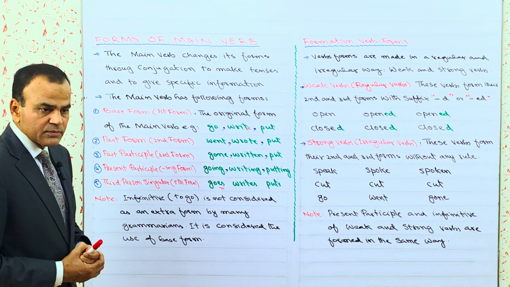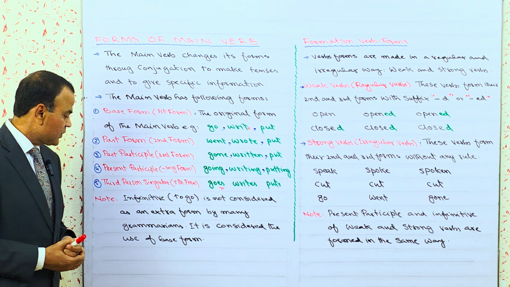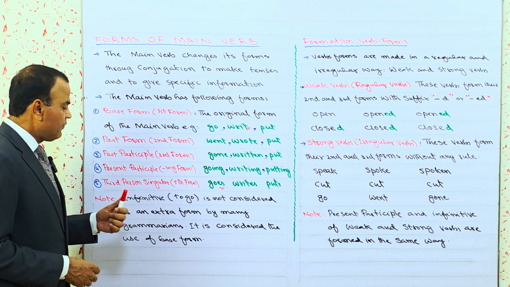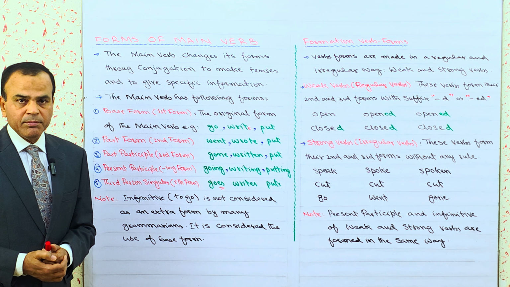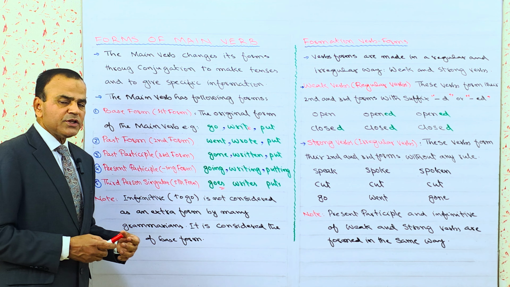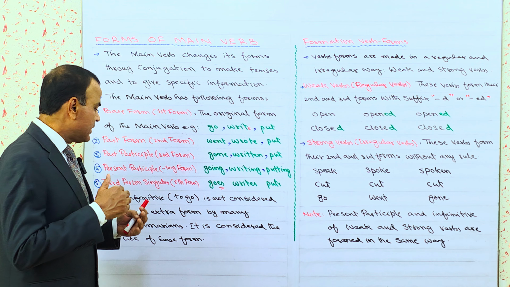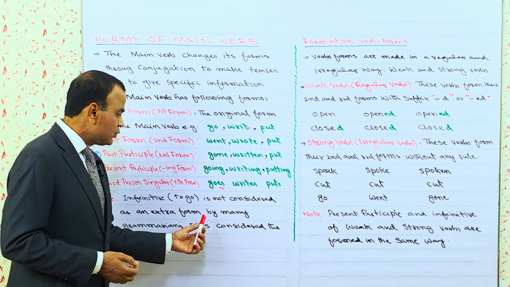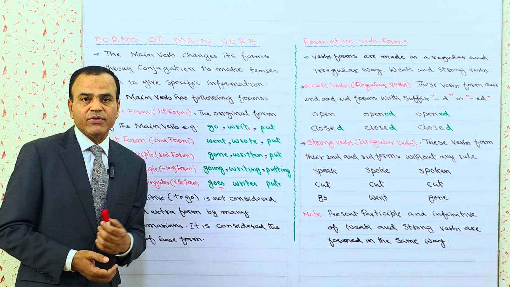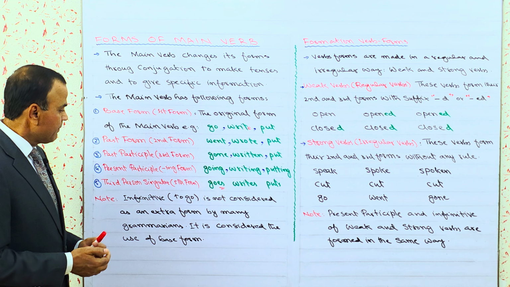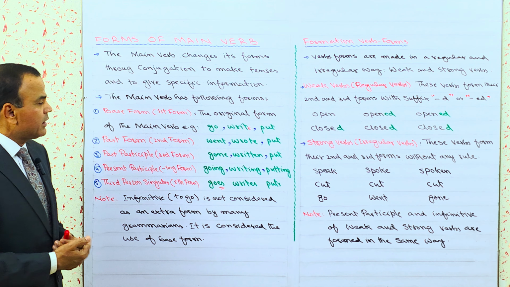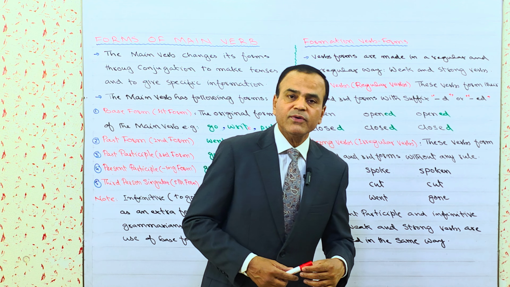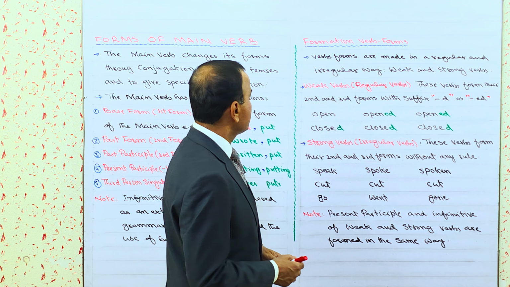Let me bring your attention to this particular point, that some grammarians say that the infinitive is also a form of the verb, but a greater number of grammarians are on the side that it is not an extra form, but actually it is the use of the first form of the verb or the base form of the verb. How it is used, as I already mentioned, we'll discuss later. For now, let us learn how the different forms of verbs are made.